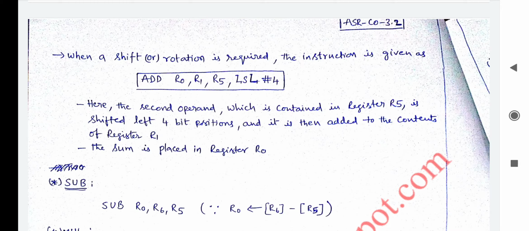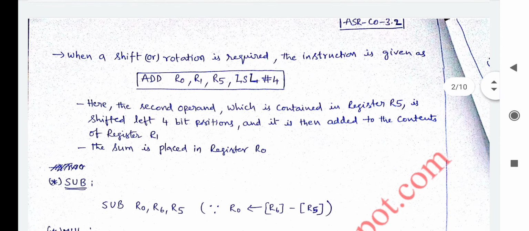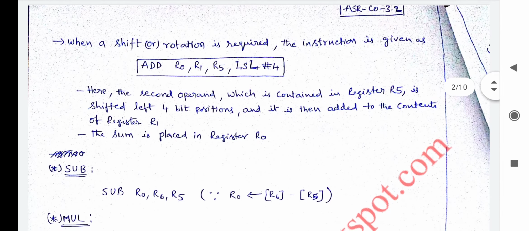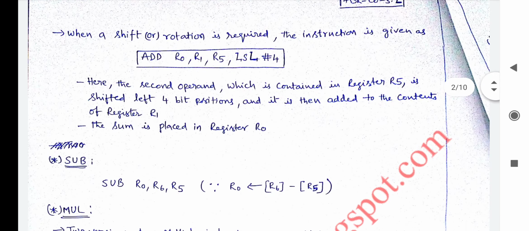See, when a shift or rotation is required, the instruction is given as add R0, R1, R5, LSL hash 4.